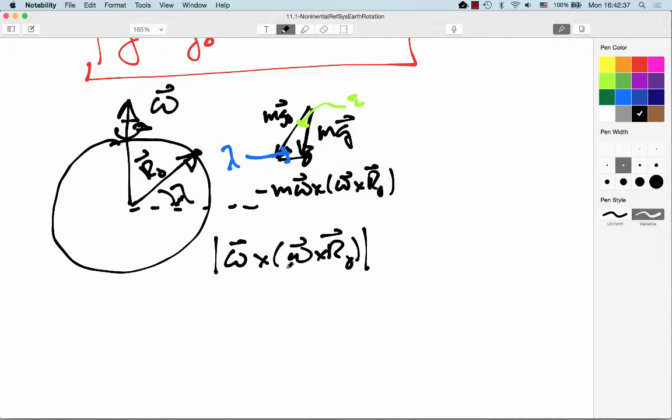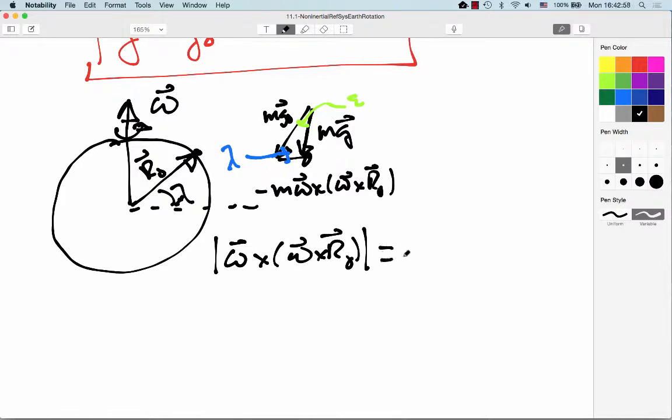Well, alrighty. The easy bit is going to be the magnitude of omega crossed into whatever this is. The cross product is guaranteed to be at right angles to the things that make it up. So omega cross something that's guaranteed to be perpendicular will give us a sine of 90, which is 1.